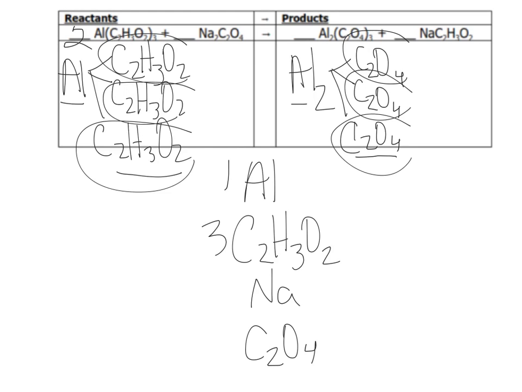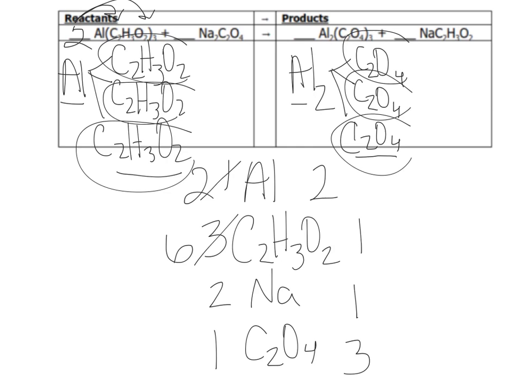We did have 1 and 3, and 2 and 1, and on the product 2, 1, 1, 3. With my coefficient of 2, I now have 2 Als, and I have 6 of these C2H3O2 groups.